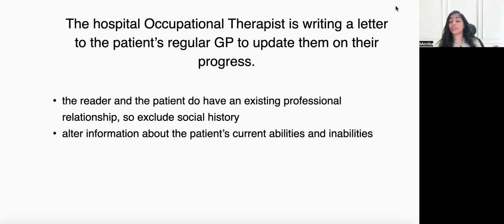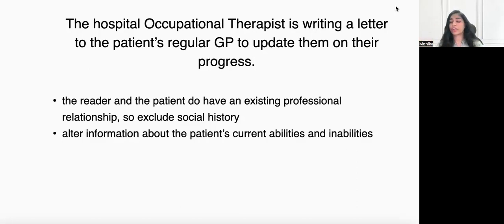I only have to choose information from what is given to me in the case notes. But what I mean by this is that I will update the GP that, since the last time you saw the patient, this is something that has happened. This is how the abilities of your patient have changed, if they have changed, right? So this is how I will present this information, not as brand new information.